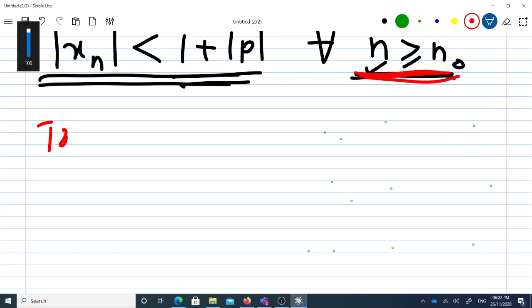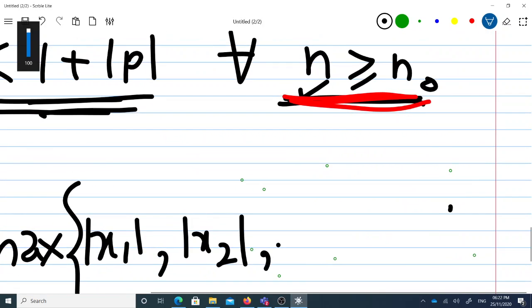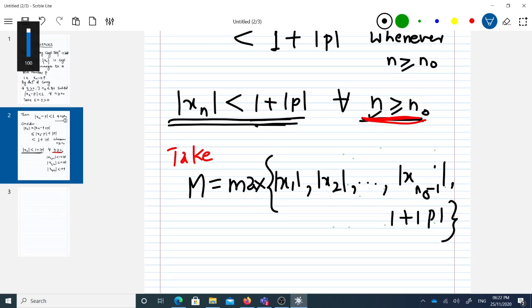I'll take capital M as the maximum of mod x1, mod x2, up to mod x n naught minus 1, and 1 plus mod p.